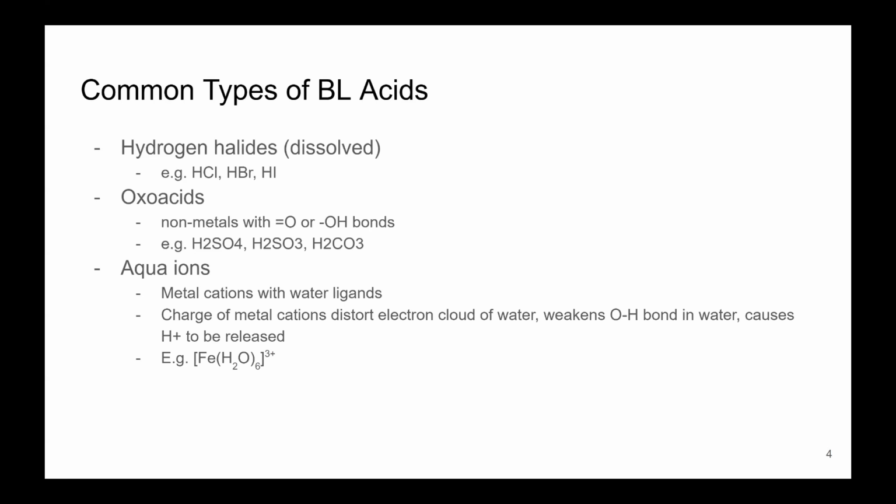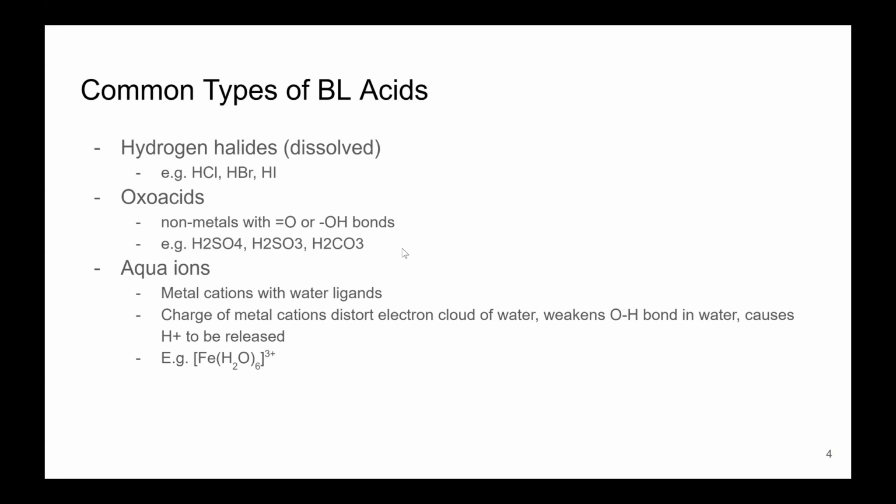We call these water molecules ligands because the lone pair on the oxygen dative bonds to the iron center, and because of this, the electron gets pulled towards the iron center, and then the OH bond in these 6 water molecules will be weakened. That's why you can break that OH bond more easily, and the acidity of the solution increases.